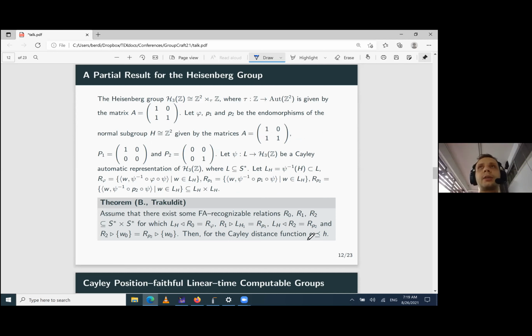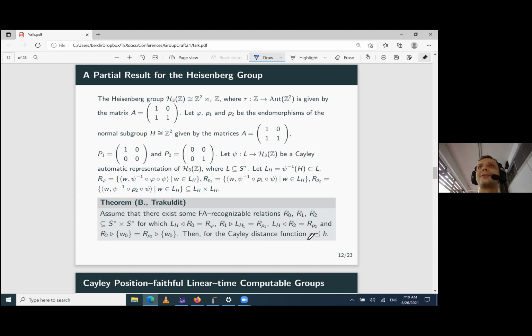And then what we tried to do next was to construct a representation for the Heisenberg group that violates this. We could do it for other semi-direct products. Actually, we constructed a whole family of such representations for semi-direct products Z^2 ⋊ Z. But this family doesn't include the Heisenberg group.